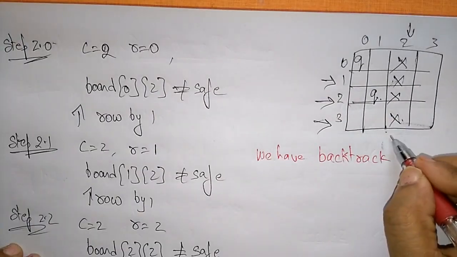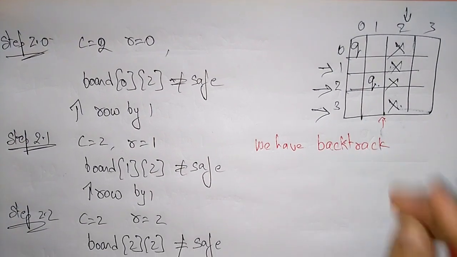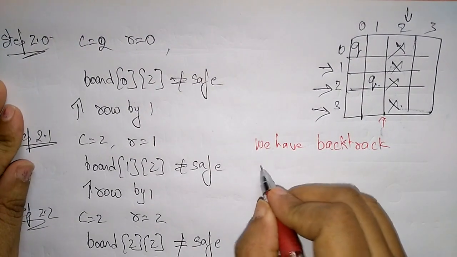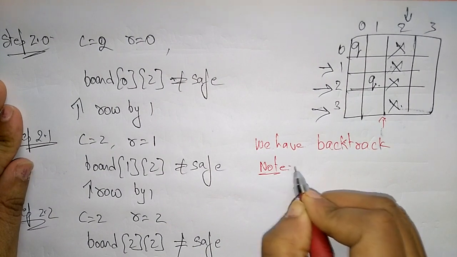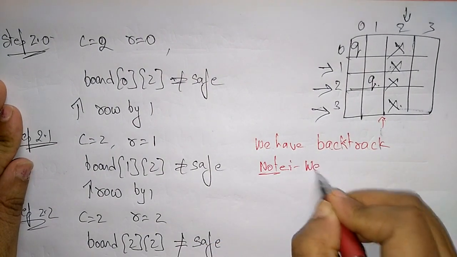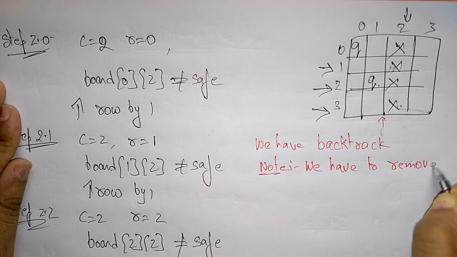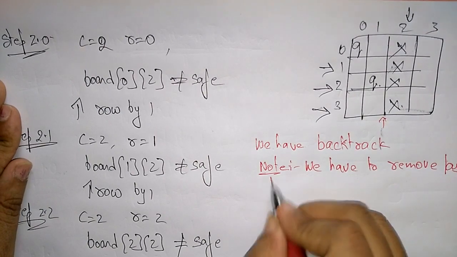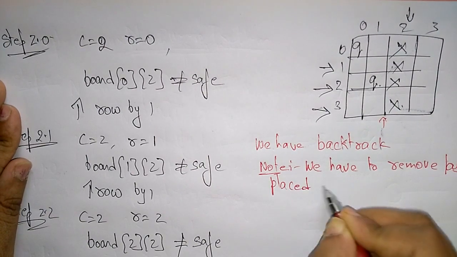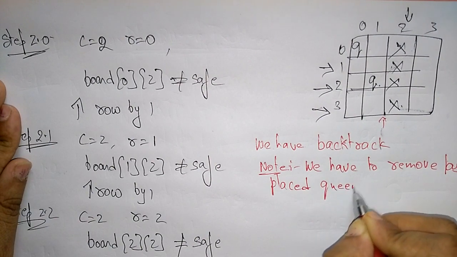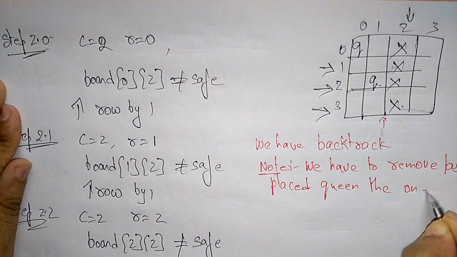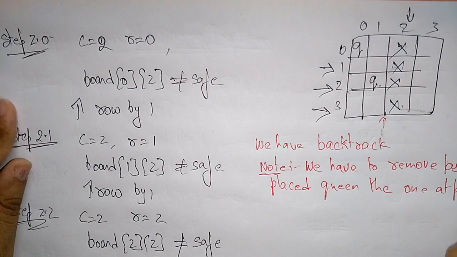While you're doing the backtracking, the condition is that we have to remove the last placed queen.